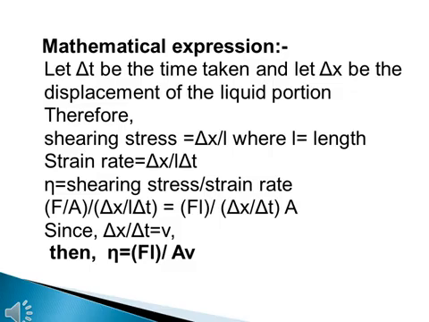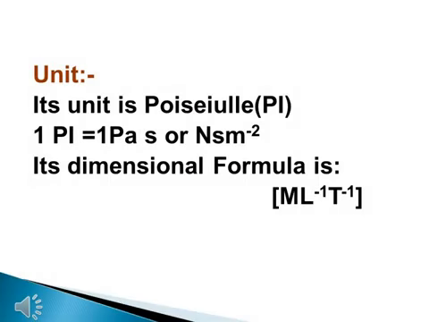Since delta x by delta t is equal to v, where v is the velocity, it is the rate of displacement. Then the coefficient of viscosity eta is equal to F L divided by v A. It is the mathematical expression for the coefficient of viscosity.